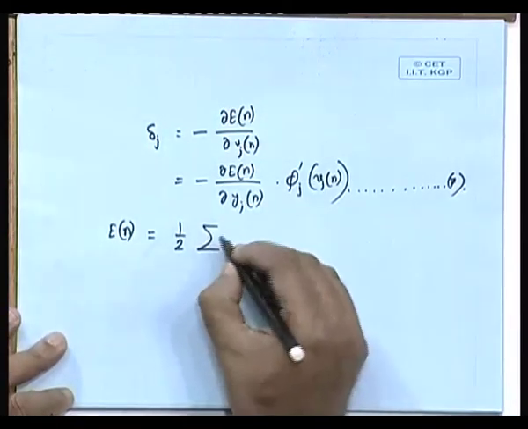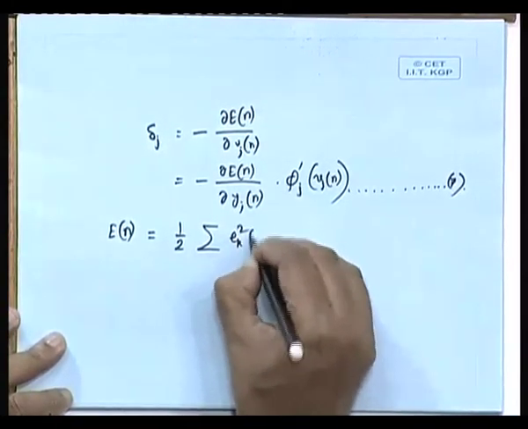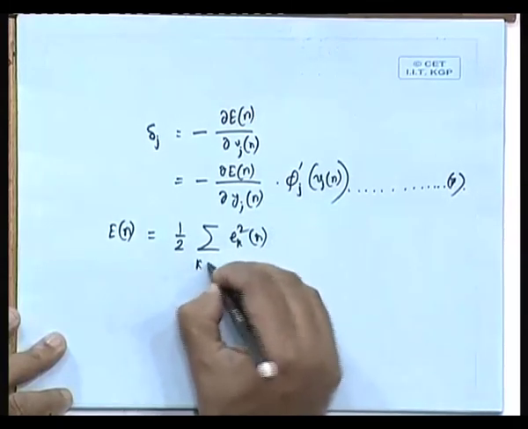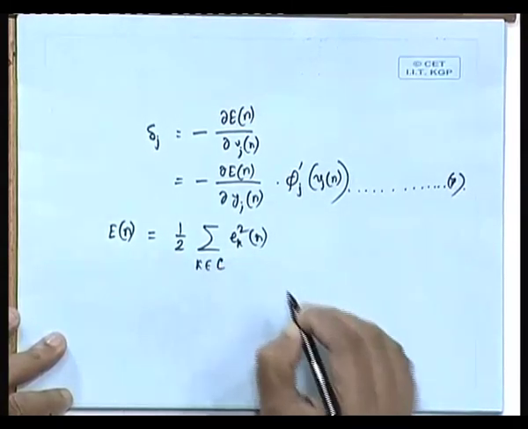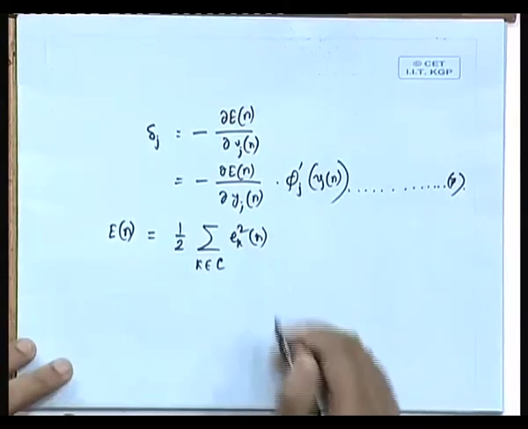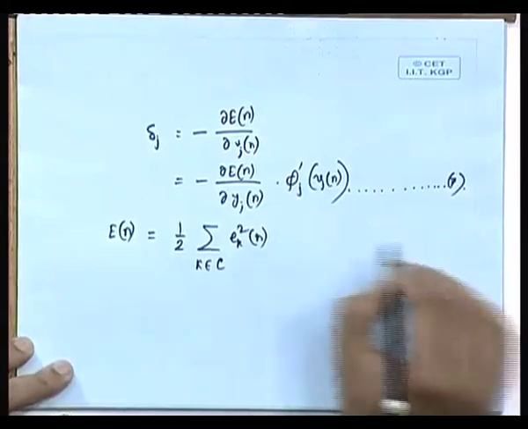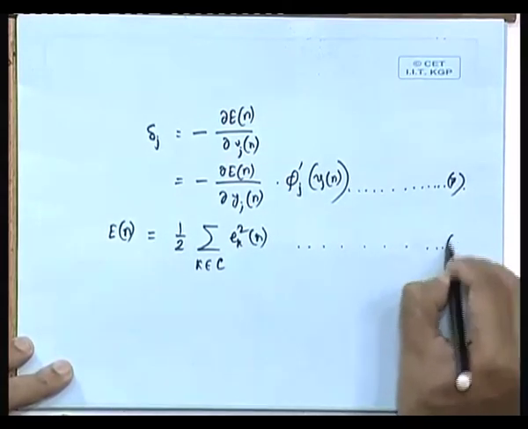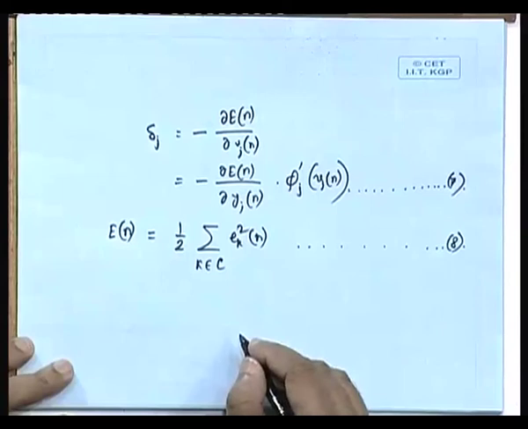So we should write Ek square, where K belongs to the set C, where C is the set containing the output neurons. This one we call equation number 8.